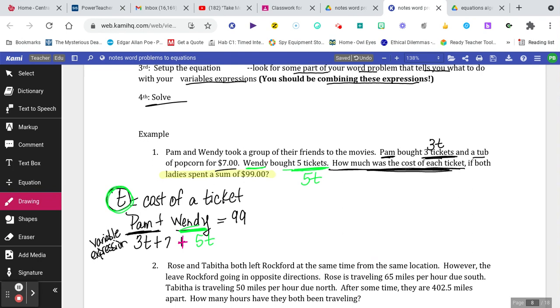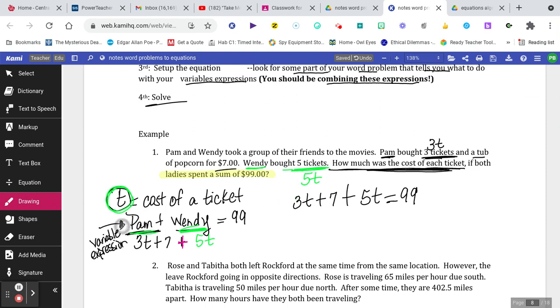So if you take a look, Pam spent 3T plus $7. And then Wendy spent 5T. But together they spent $99. So basically what you're doing is writing your expression, writing a variable expression for both things that you have.